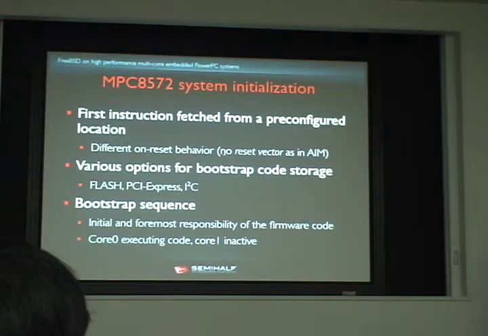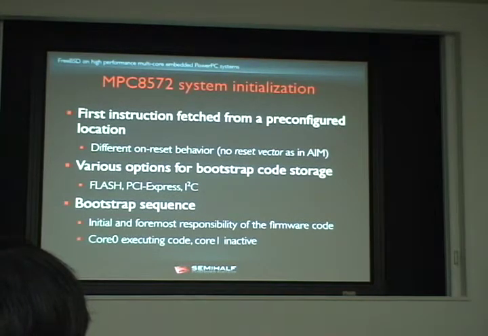The difference on Book E machines is that we do not have a traditionally known reset vector as in the old PowerPC. The CPU would just go to a certain location in memory and start to execute. It's not in the context of an exception.